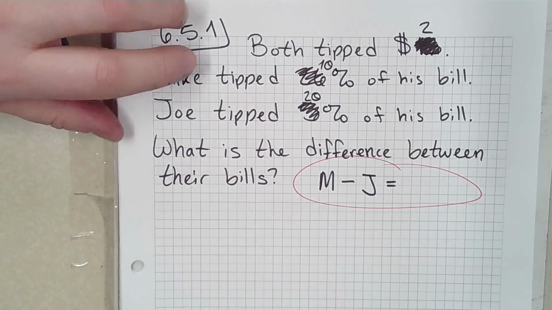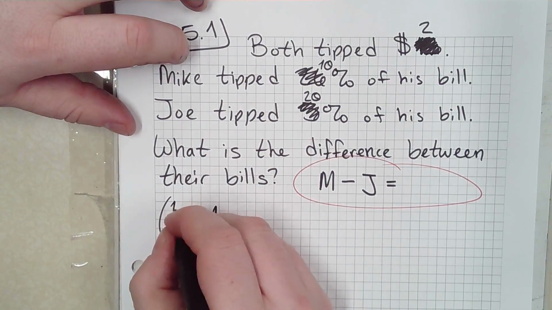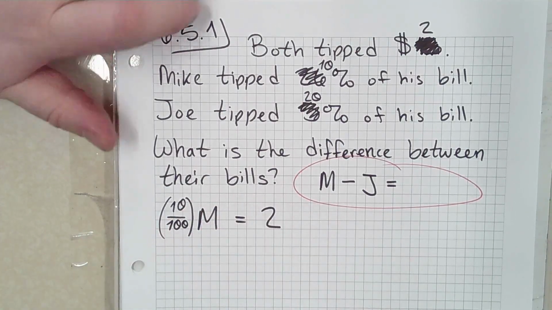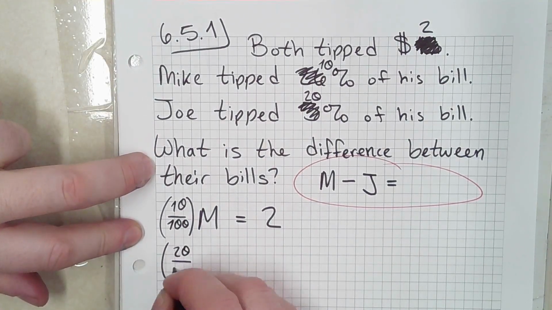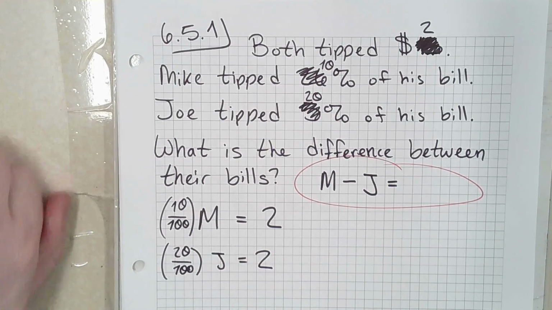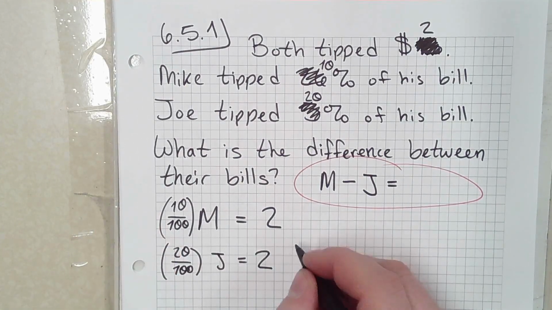Well, we know that 10% of Mike's bill is equal to $2. We also know that 20% of Joe's bill is equal to $2. Well, we can rearrange this and solve for Mike and Joe's bills.